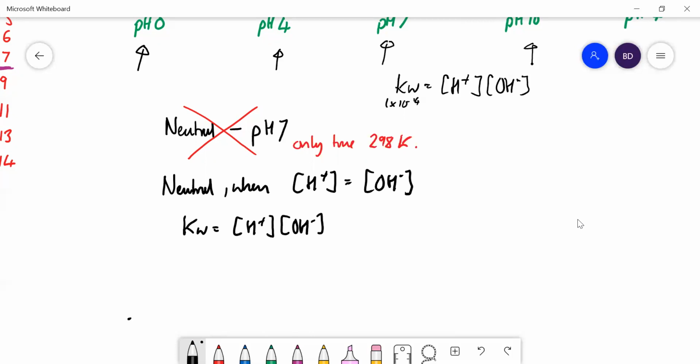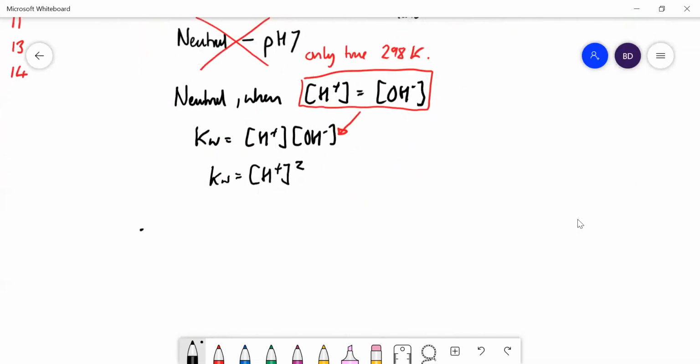Let's sub that value in: we know that when it's neutral, H+ is equal to OH-. So in neutral, and only when it's neutral, Kw is equal to the H+ concentration squared. So that means when it's neutral, H+ is equal to the square root of Kw, which is the square root of 1 times 10 to the minus 14, only at 298 Kelvin.